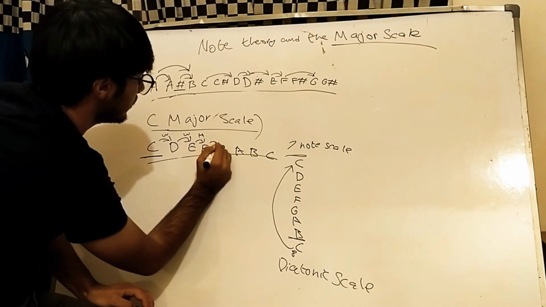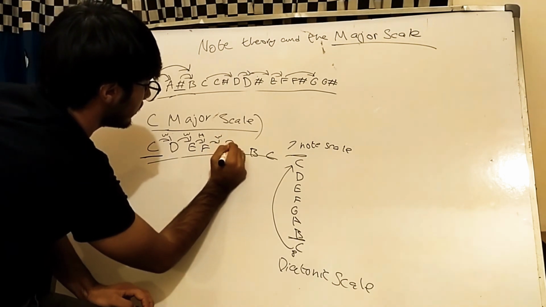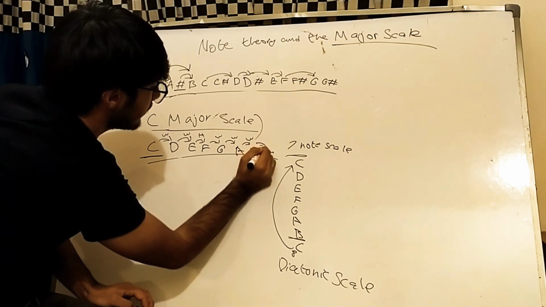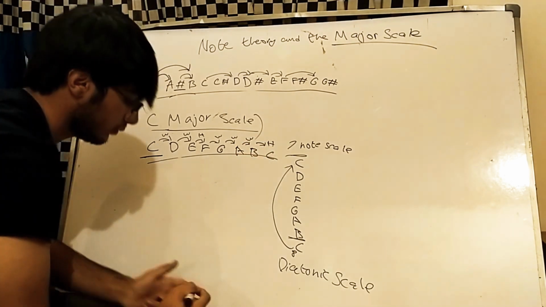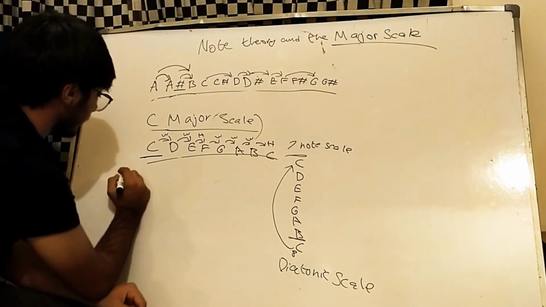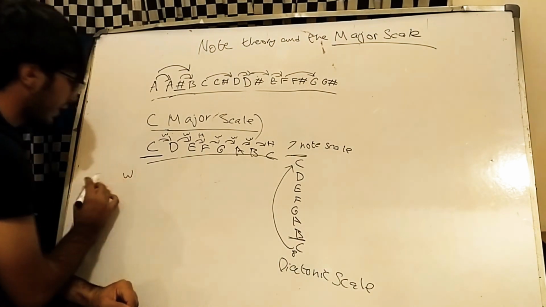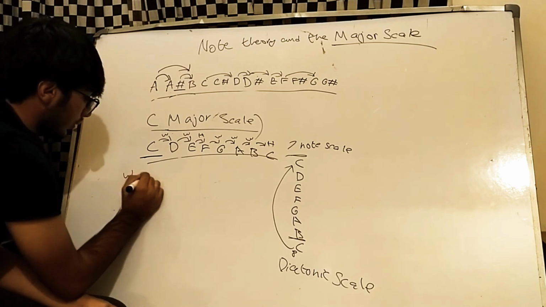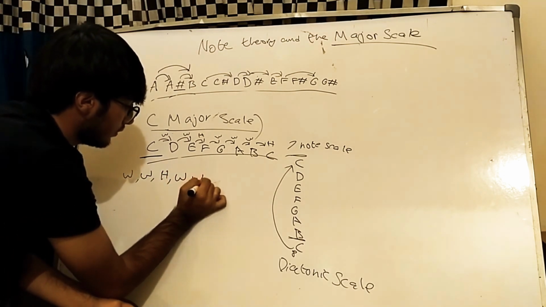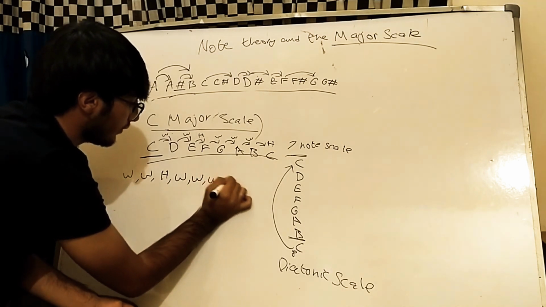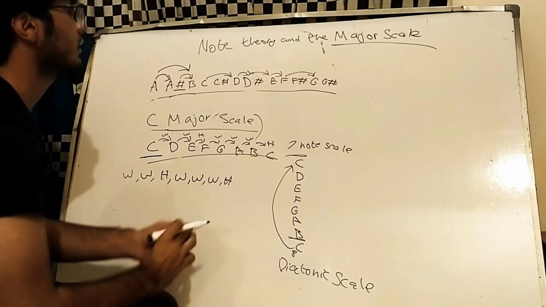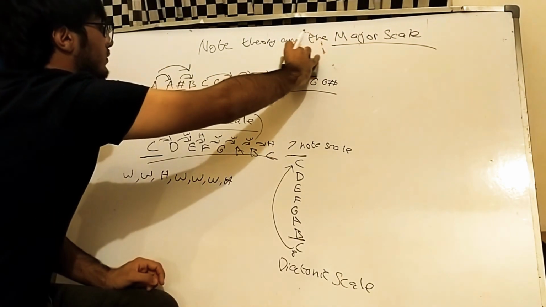If you go up another whole step, another whole step, another whole step, and another half step, you end up with your major scale. So this is the formula of the major scale. I'm just writing W and H: whole, whole, half, whole, whole, whole, and half.